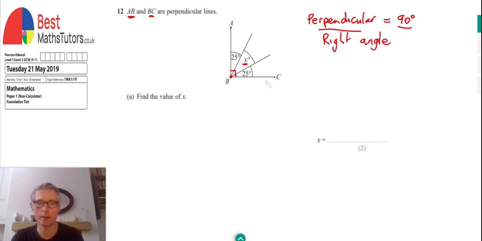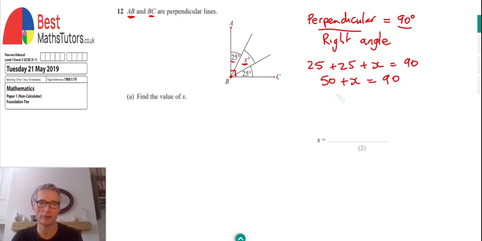And so we know that because the 25 and the x add up to 90, you can actually create an equation. You could say 25 plus 25 plus x equals 90. Then if we add the 25 together, 25 plus 25 is 50, and then add the x, that equals 90.